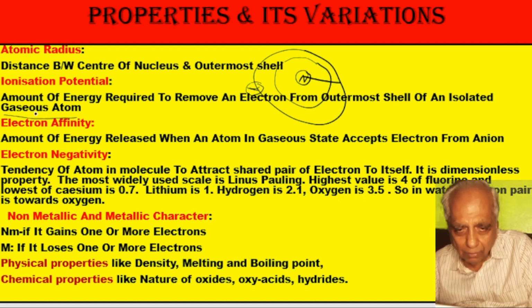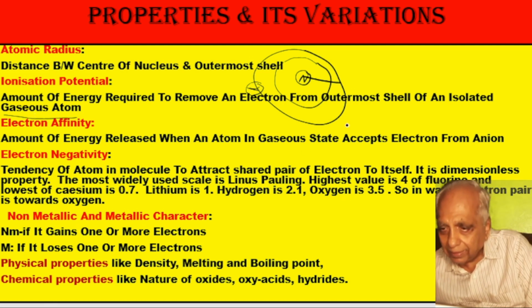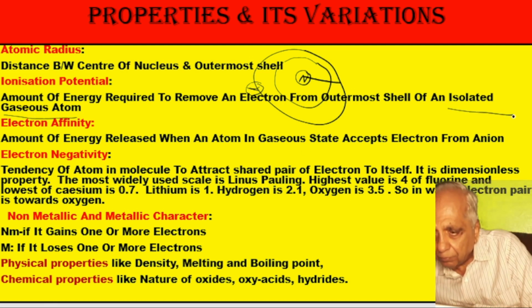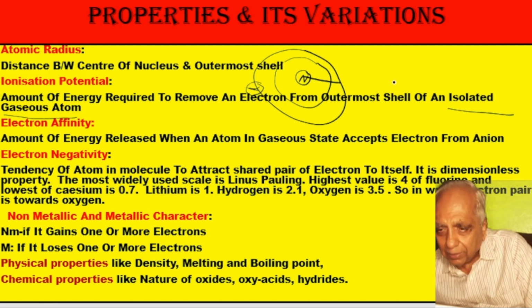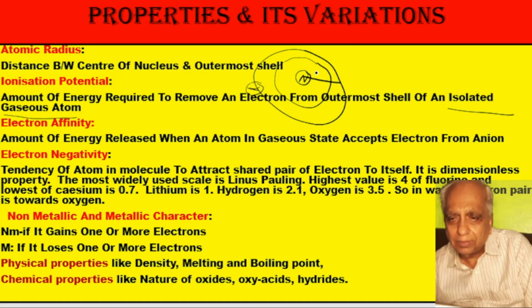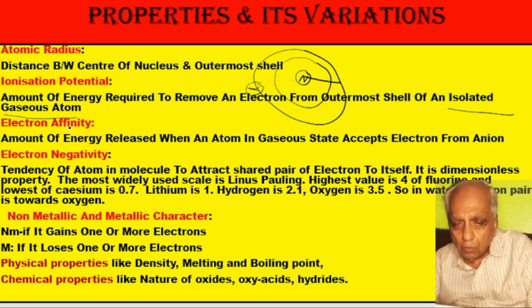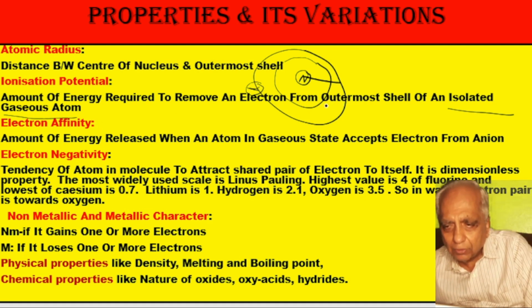It is very important to write in the exam that this is a gaseous atom, and it is isolated. Isolated means this atom and its neighboring atoms in all directions exert no force on it. There is no electrostatic force between this atom and its neighboring atoms. So this is called an isolated atom.